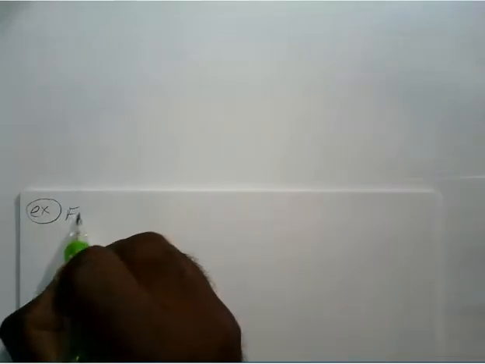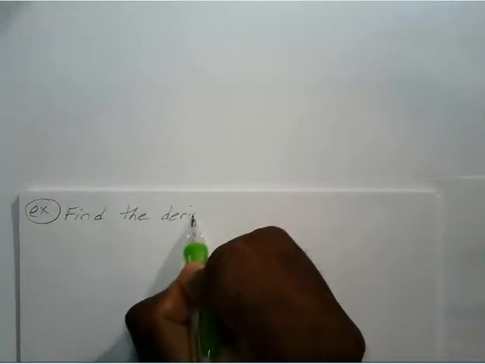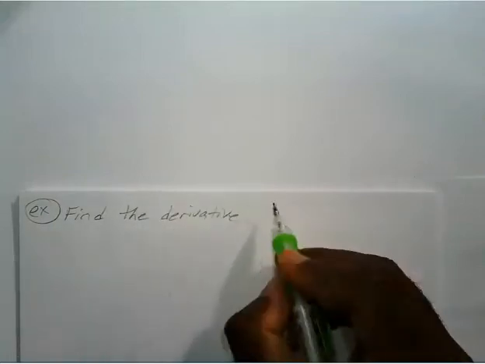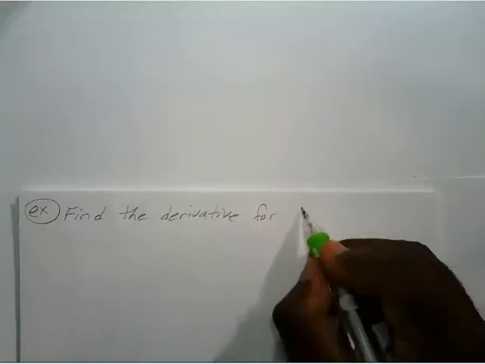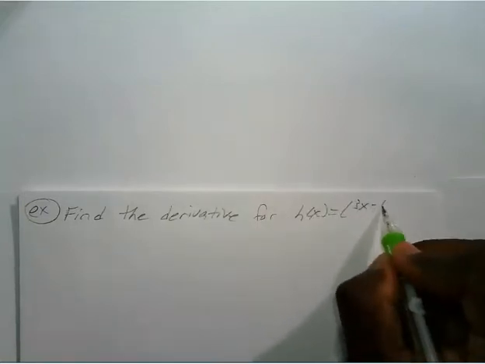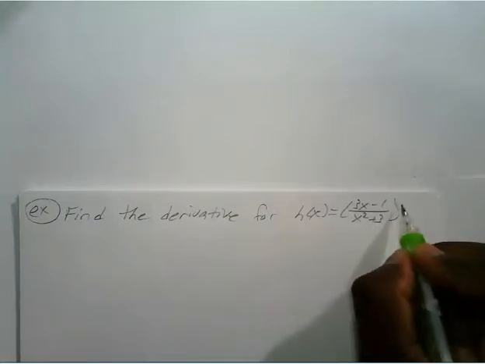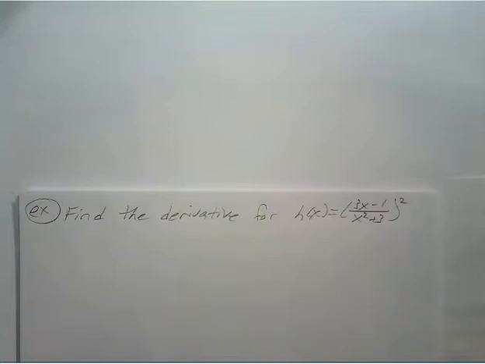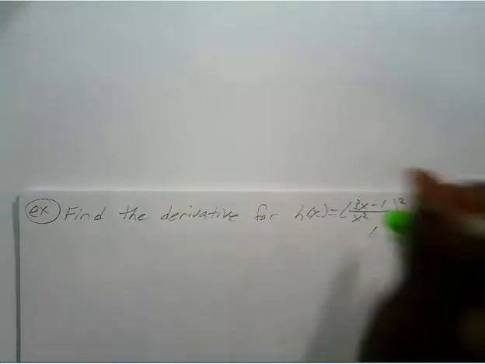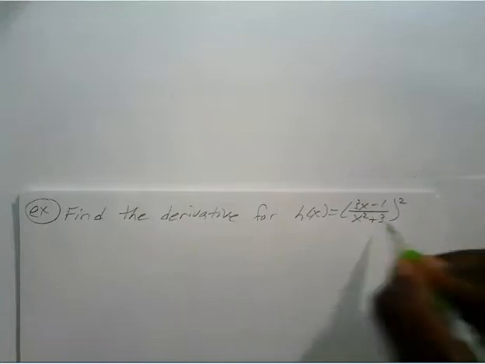Okay, so what if we wanted to find the derivative for h of x is equal to (3x minus 1 over x squared plus 3) squared.